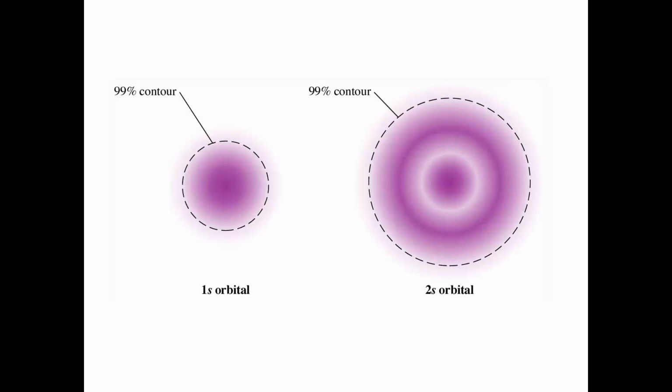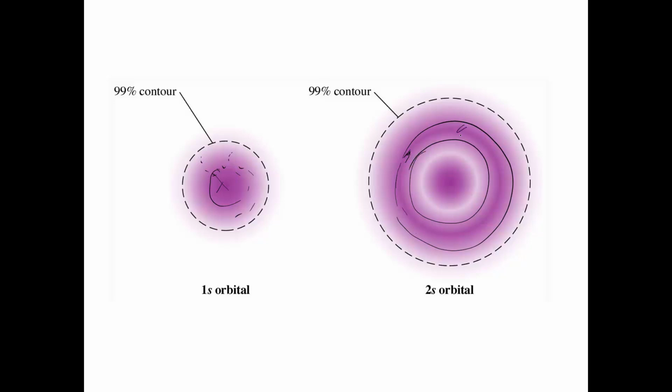This is a contour, a cross-cut through an s orbital. For the 1s, the darker the purple here, the more likely you have that electron density. It's here, and then it thins out a little bit further away. Whereas in the 2s orbital, you've got your electron density in an outer ring, so it's almost not spherical, but it's hollow in the center.